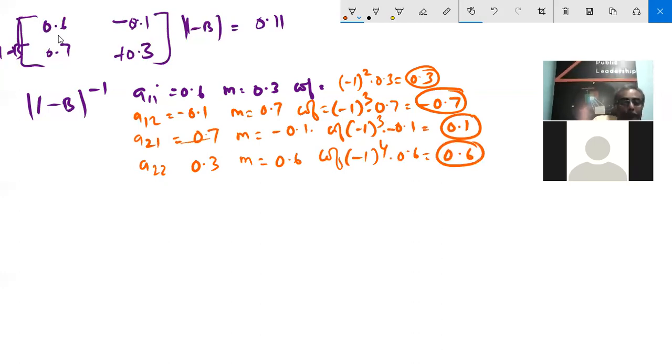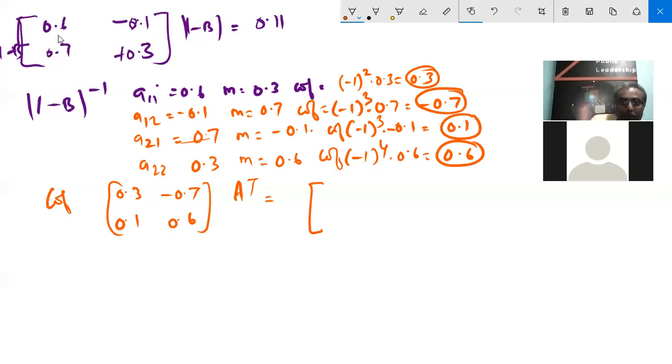Okay. So cofactor matrix is equal to 0.3, 0.7, 0.1, 0.6. Transpose equal to 0.3, 0.1, 0.7, 0.6. Correct? Transpose.